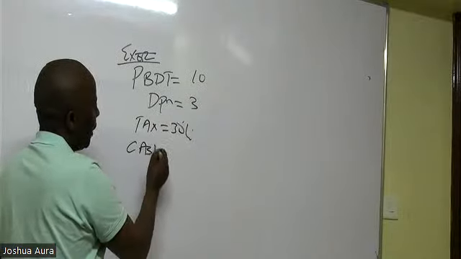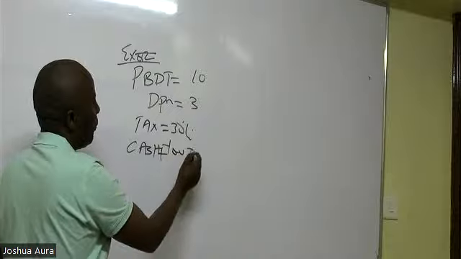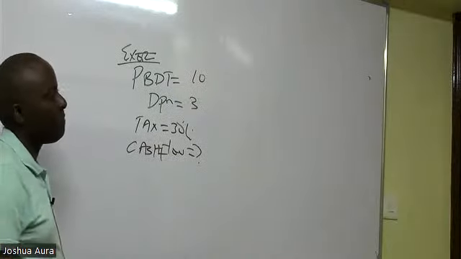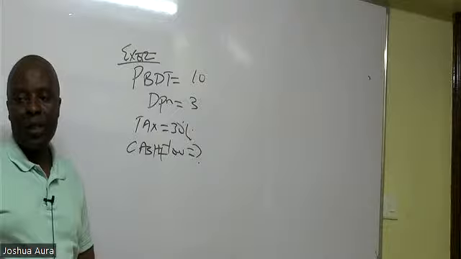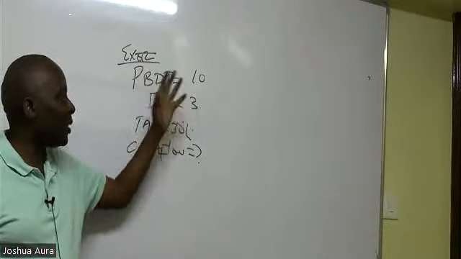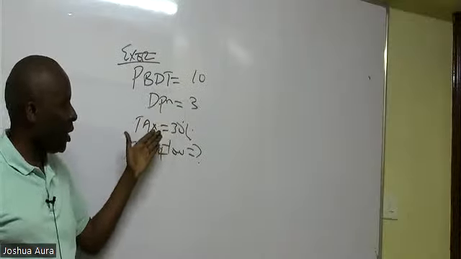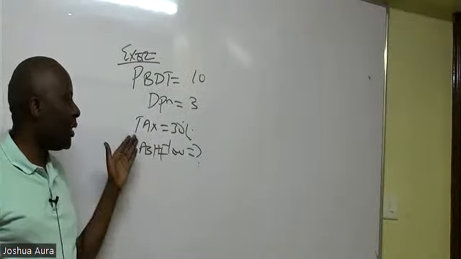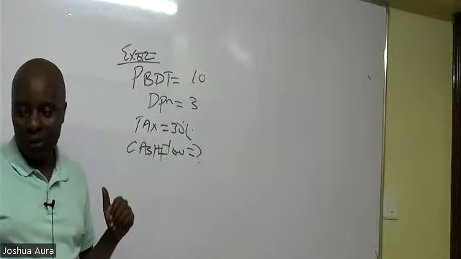Could you kindly give me the cash flow? They have given us profit before depreciation and tax of 10. Depreciation is 3. Tax is 30%. Then they want us to give them cash flow.